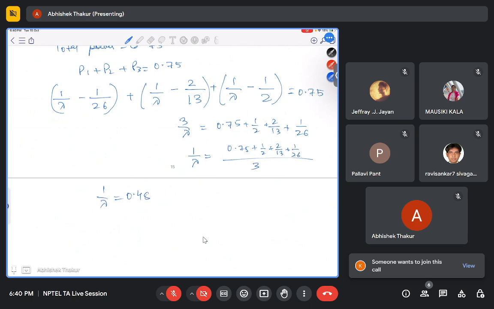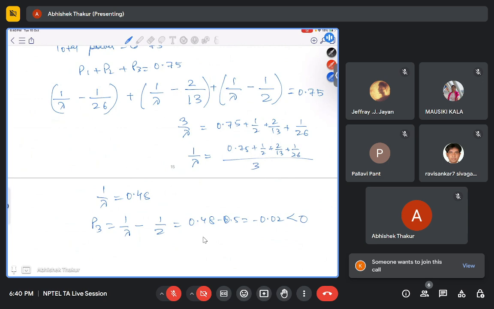Now the power allocation of the third channel, P3, is equal to 1 by lambda minus 1 by 2. So that is 0.48 minus 0.5, which is equal to minus 0.02. So this is less than 0.